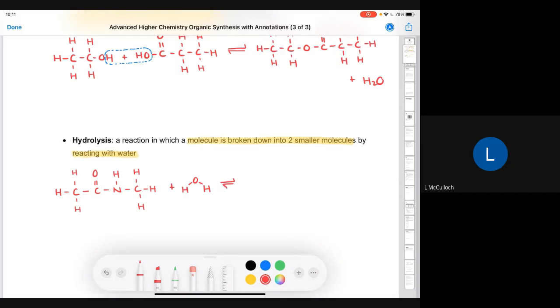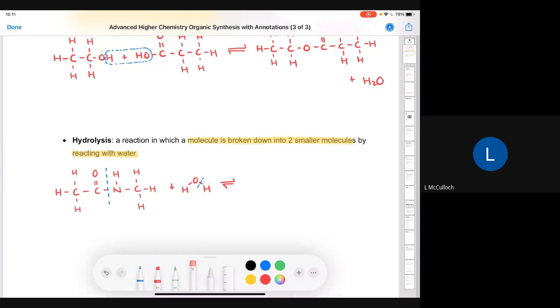Now, what will happen is the amide link will break between the carbon and nitrogen single bond, and the water will break between one of the oxygens and one of the hydrogens. The carbon double bond oxygen will get the OH from the water to reform the carboxylic acid, and then the NH will get the remaining hydrogen from the water to reform the amine.